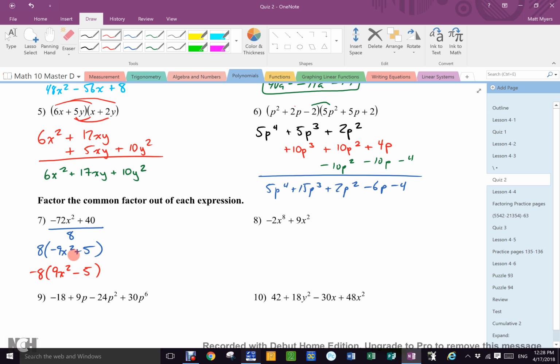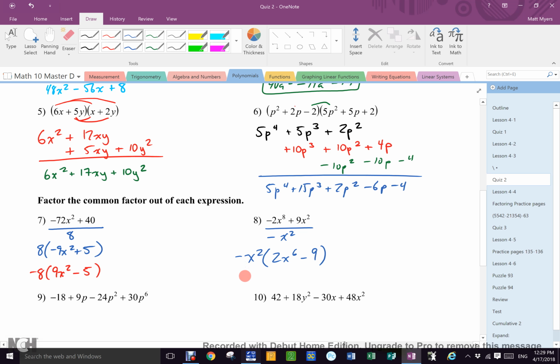Okay? So the same thing can happen in number 8. You know you're taking out what? X squared, because there's no number that works. But because you got that negative there, you kind of want to get that negative out of there too. So you would take out negative x squared, and that would leave you with 2x to the 6th minus 9.